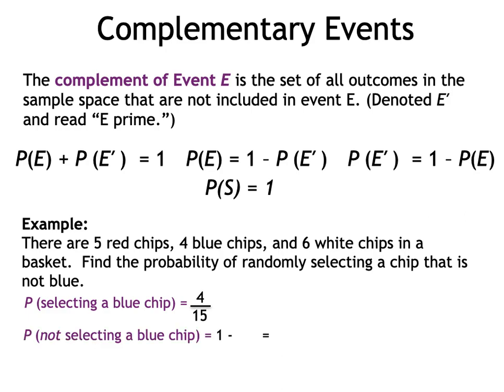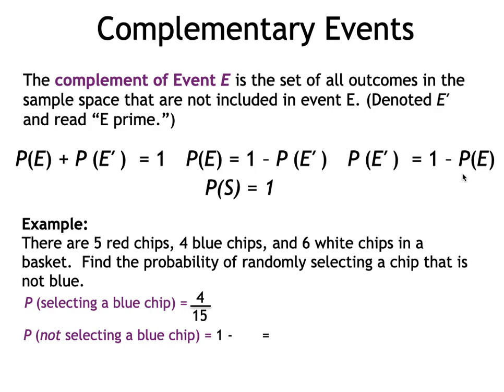Since we're looking for the probability of selecting a chip that is not blue, I will use this knowledge that the probability of selecting a blue chip is 4 over 15. We are looking for the probability of the complement of our event E, that is, in this case, the probability of not selecting a blue chip.